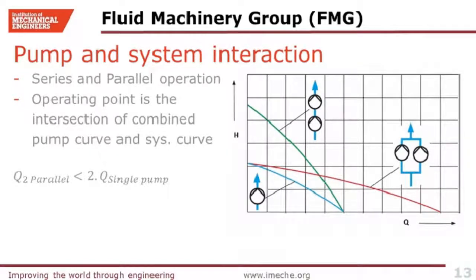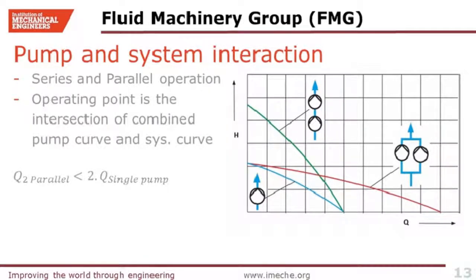Pumps can often operate in parallel or series to satisfy system needs. For series operation at a given flow rate, head will be combined, and now a new pump curve can be generated for the series configuration. For parallel operation at a given head, flow rates will be combined. Generally, the more pumps in parallel, the less efficiency the system has.